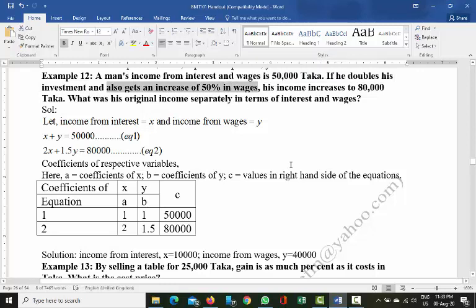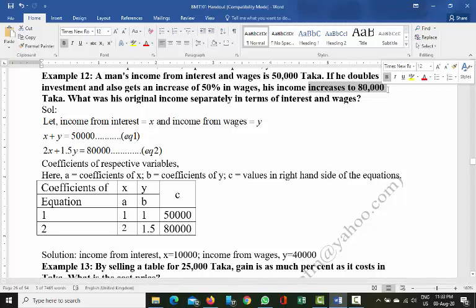So if he gets an increase of 50% in wages, his income increases to 80,000. So his new total income will become 80,000 taka.